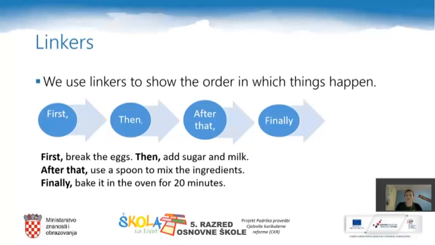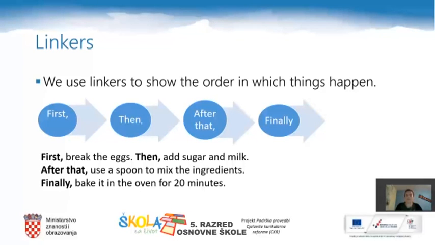I told you at the beginning of this lesson that you will be able to use linkers when giving instructions in a recipe. But do you know what linkers are? Well, they are words we use to show the order in which things happen, like first, then, after that, and finally. So step number 1. First, break the eggs. So that's the first thing you need to do. Step number 2. Then add sugar and milk.